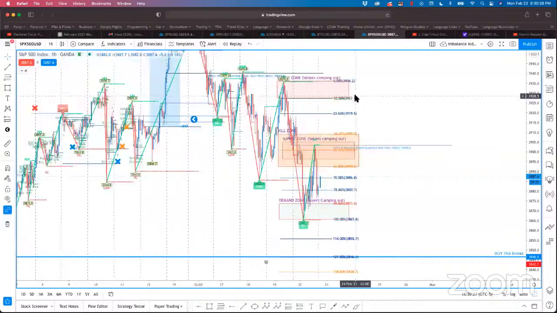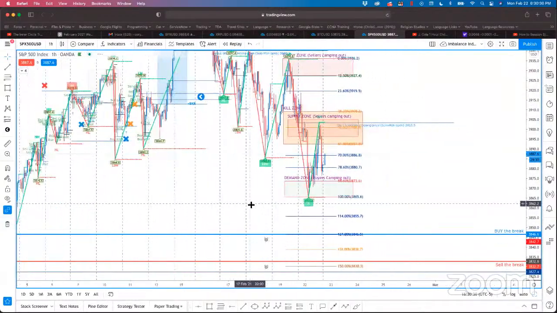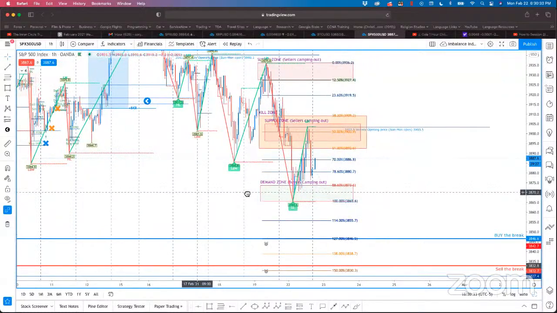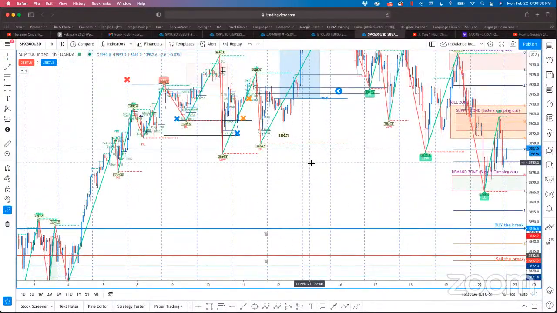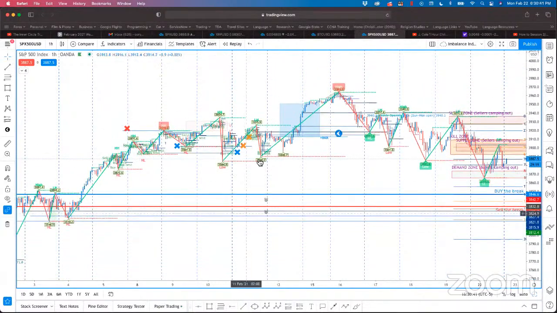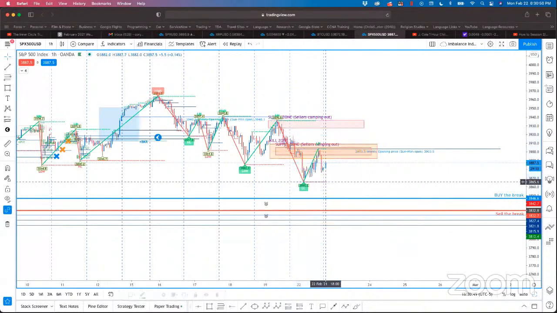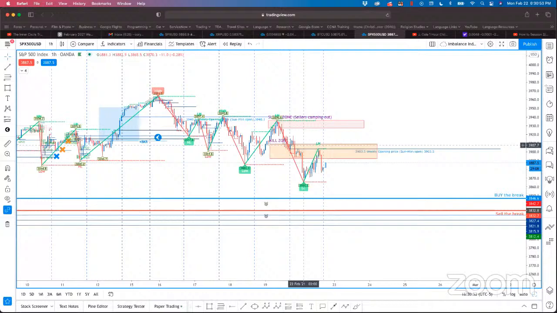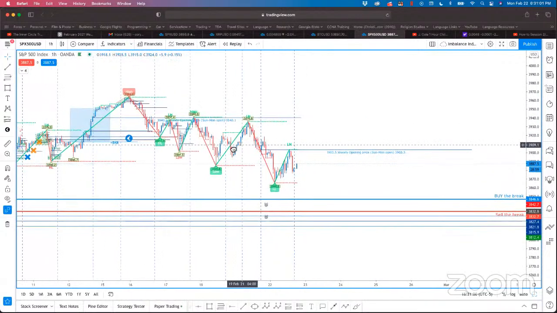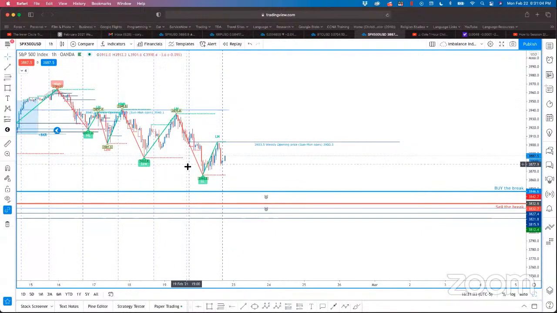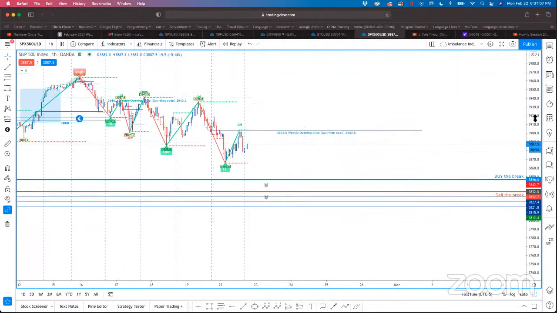An order block is, let me clear this chart real quick. Let me see, do I see it? Yes, I do.